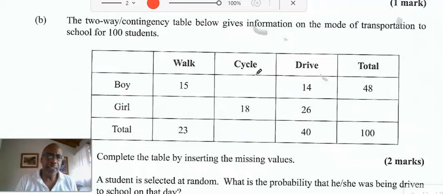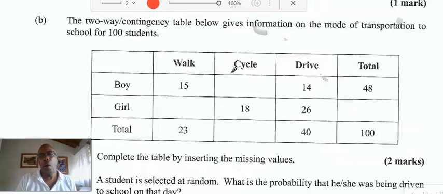Now, a contingency table is simply a table relating two variables. So in this table, we are relating gender, boy and girl, to mode of transportation to school: walk, cycle, or drive.